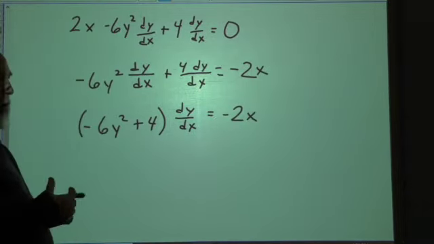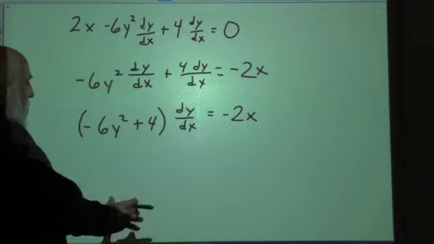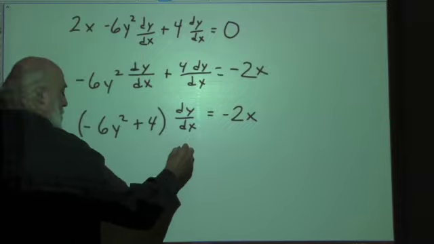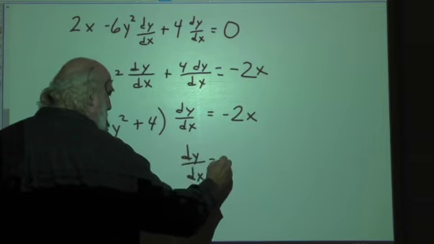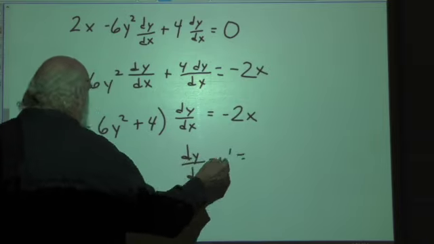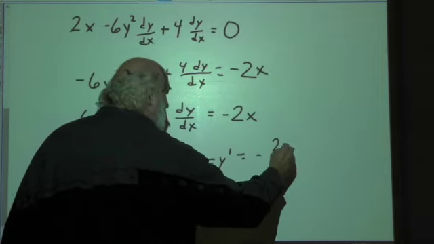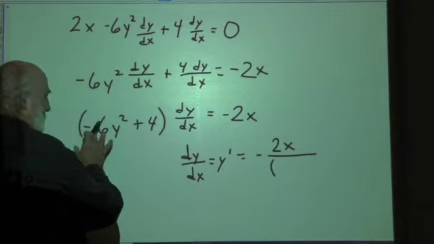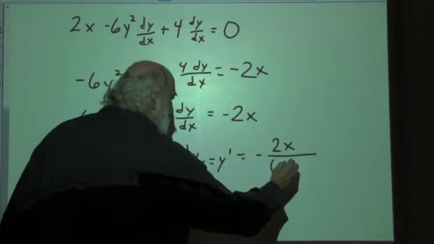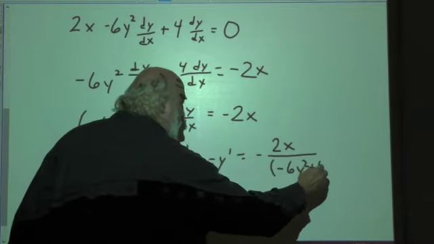To get this to represent the slope at any particular moment in time on the curve, we're going to divide by this quantity right here. So dy/dx, which is also y prime, the derivative of y, is going to be negative 2x over the quantity, and I'll put this in parentheses because it's negative something here, negative 6y squared plus 4.